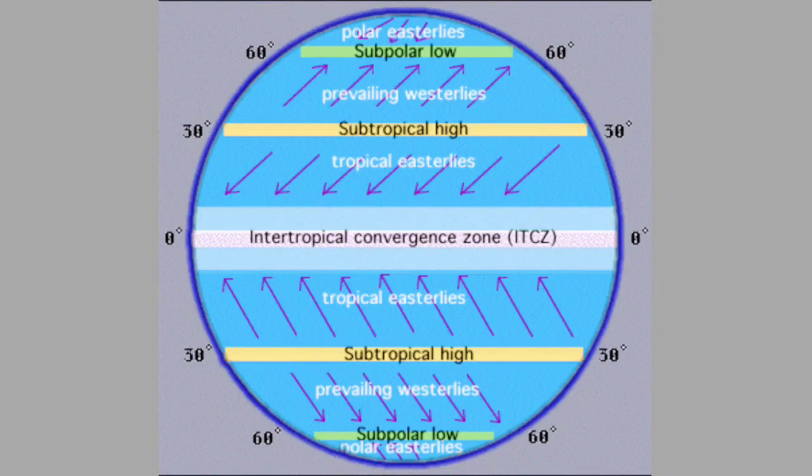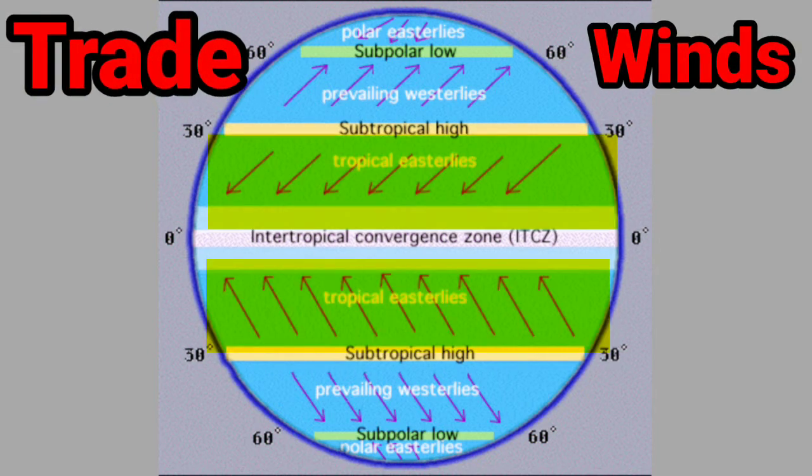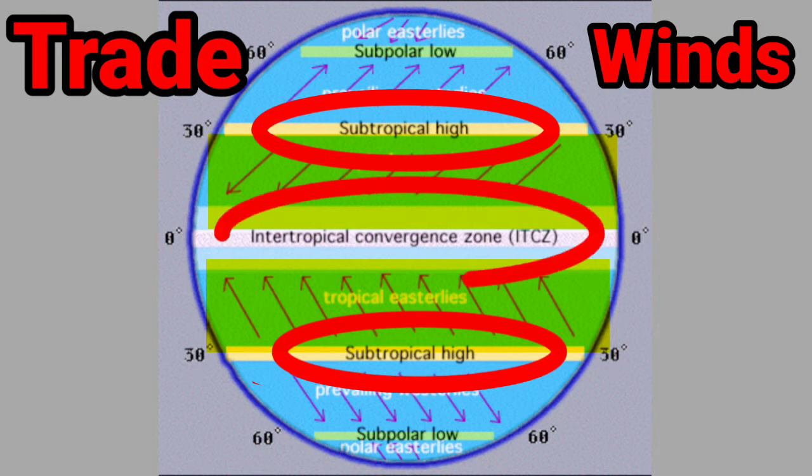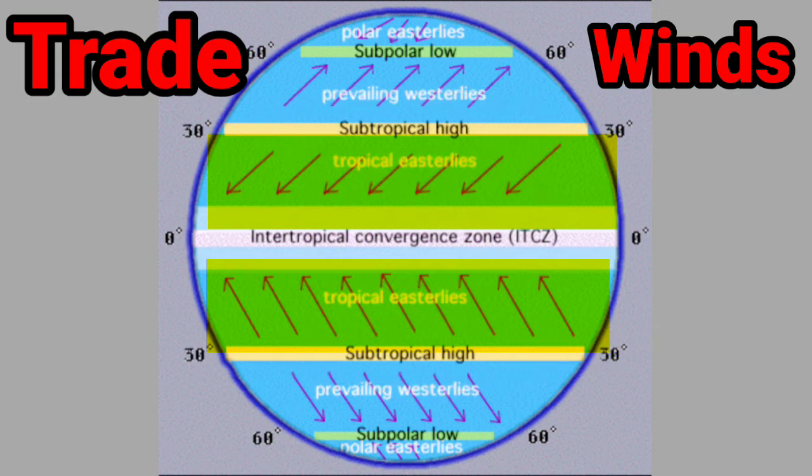The first permanent wind is called trade winds. The trade winds blow from the subtropical high pressure belts to the equatorial low pressure belt. Winds are named after the direction from which they blow.